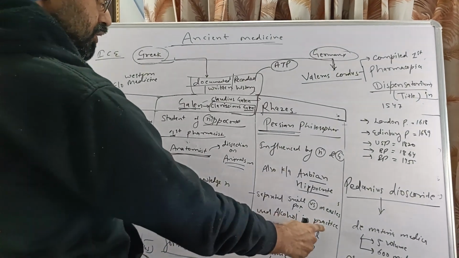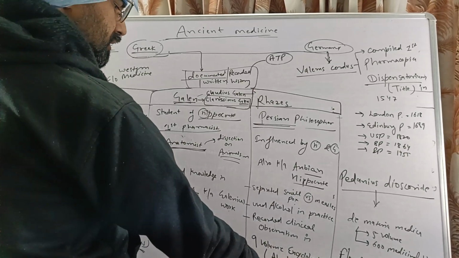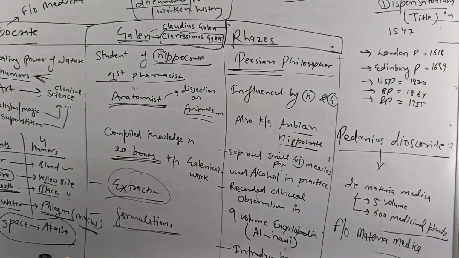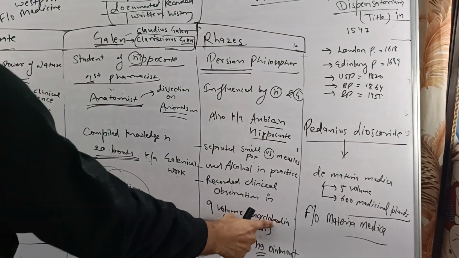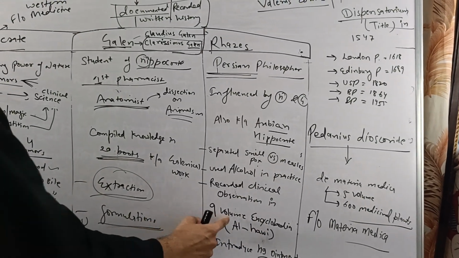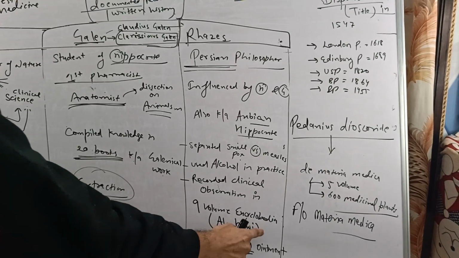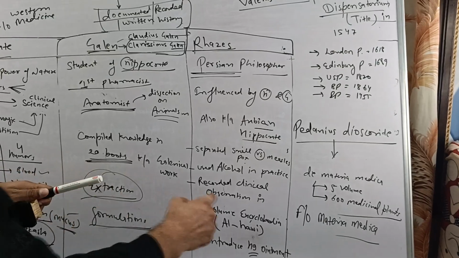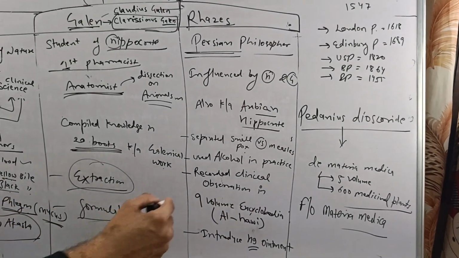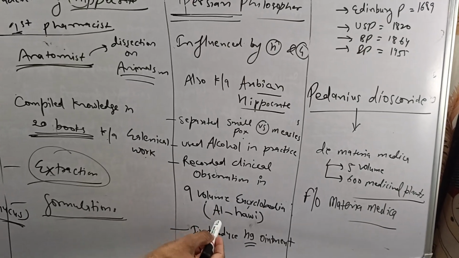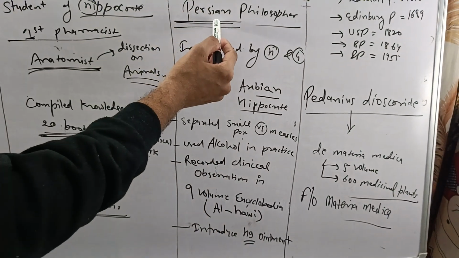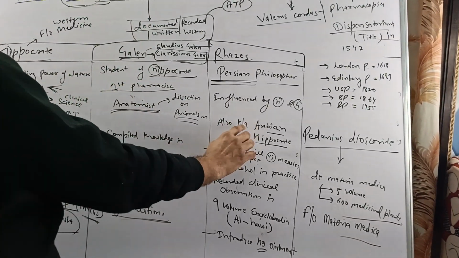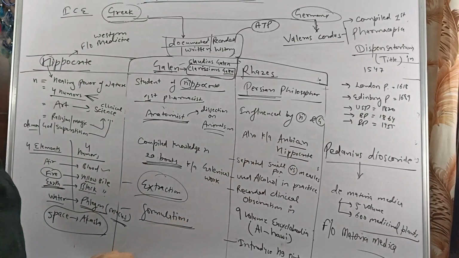He also used alcohol in practice and mercurial ointment, and he recorded all his clinical observations and experience in one encyclopedia. That was a 9-volume encyclopedia, in Arabic known as Al-Hawi. So this was the encyclopedia of medicine and surgery, written in 9 volumes, known as Al-Hawi. So the Persian philosopher was influenced by Hippocrates and Galen, and he is also known as the Arabian Hippocrates.